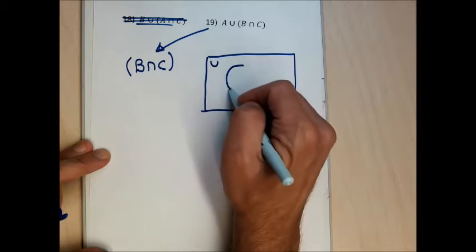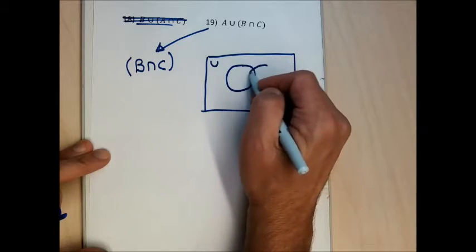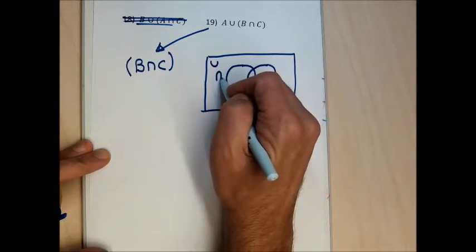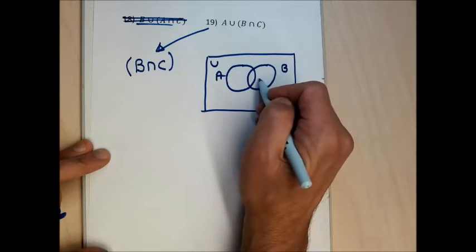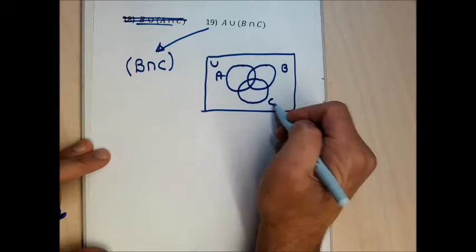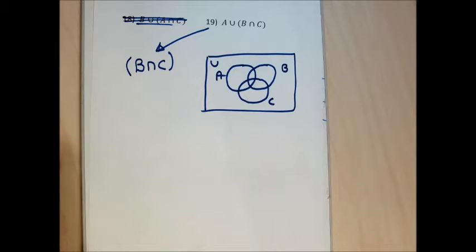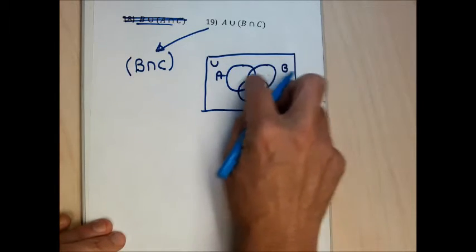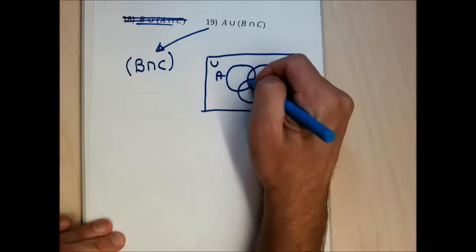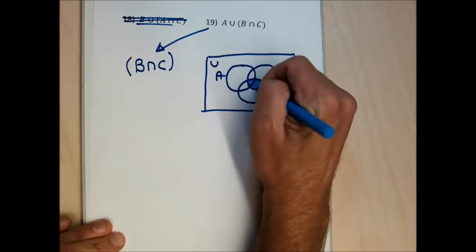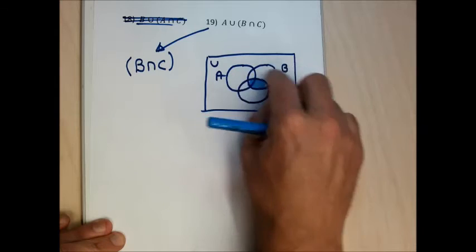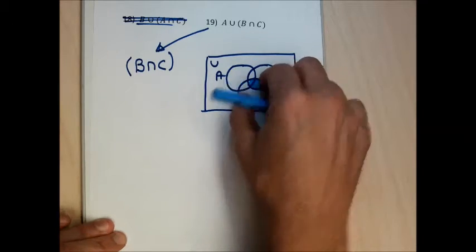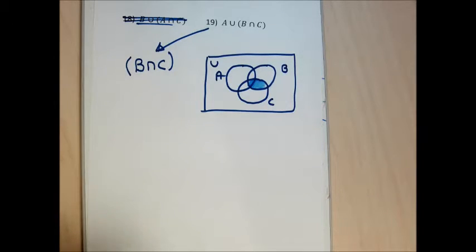I can do that using multiple shadings, but hopefully I've done enough intersections that you can start to realize what intersections look like. So B intersection C is where the C circle and the B circle overlap. That's those two regions right there, where the B circle and the C circle have in common.